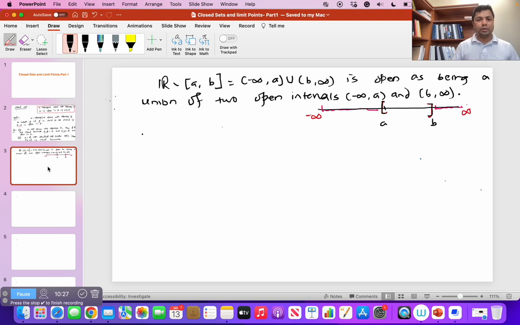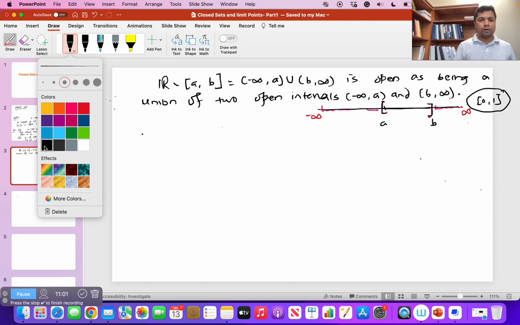From this example, we have seen that any interval of this form is a closed set in R if we consider R with the standard or order topology. That means the interval 0 to 1 is a closed set in the real numbers with the standard or order topology. So that is another important example of a closed set.